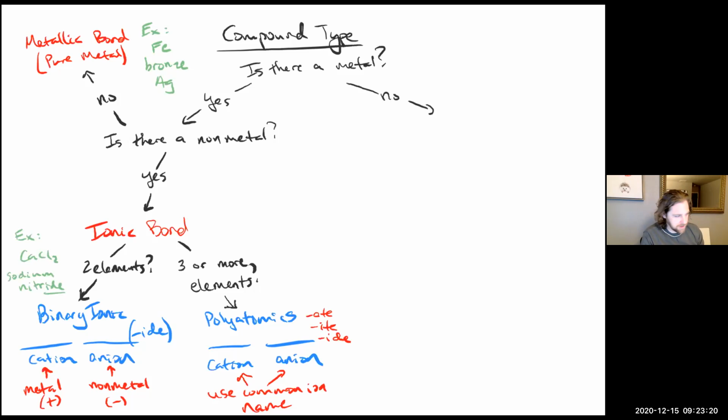Those would be examples of the binary ionic, just two elements. Now for the polyatomics, if I have something like calcium but with carbonate, then you have the name of the cation calcium, and the CO3 is called carbonate.